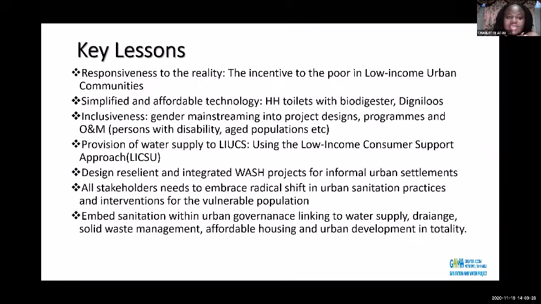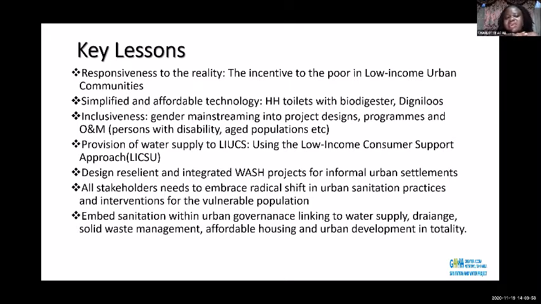The key lessons we have learned is we have to respond to the realities. People in these communities cannot afford the current prices of toilets in Ghana. Therefore, we need to come up with incentives to support them to own a dignified or appropriate toilet technology to suit their environment, especially those with high water table.